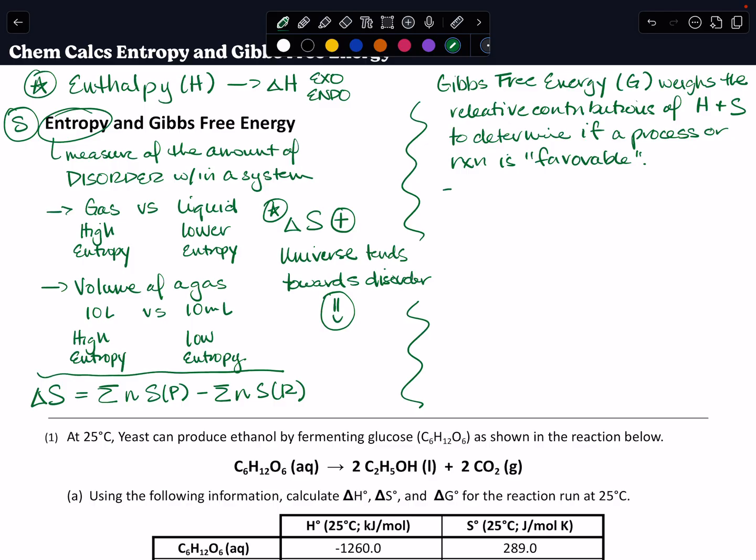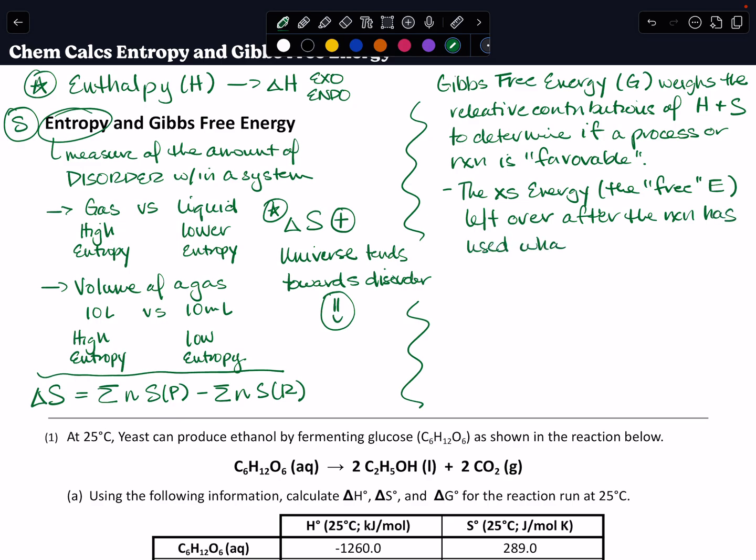All right. So really what we're looking at is the excess energy, the free energy, hence the name Gibbs free energy, left over after the reaction has used what it needs.